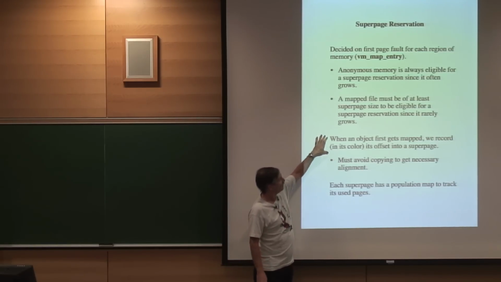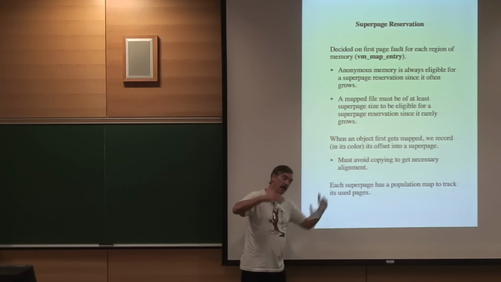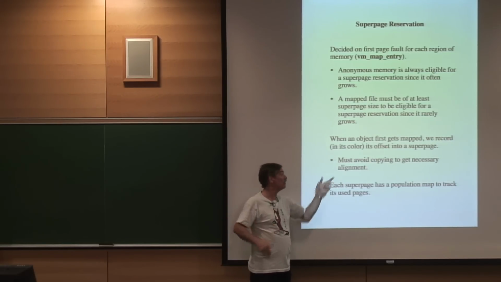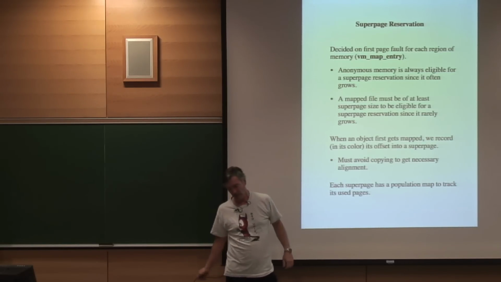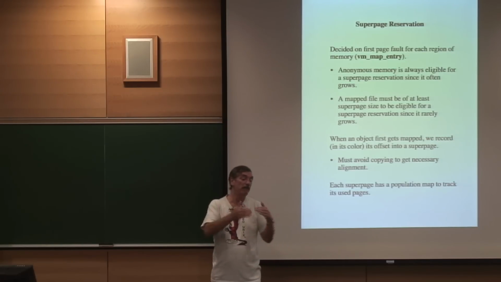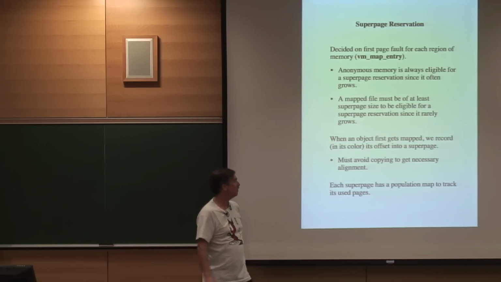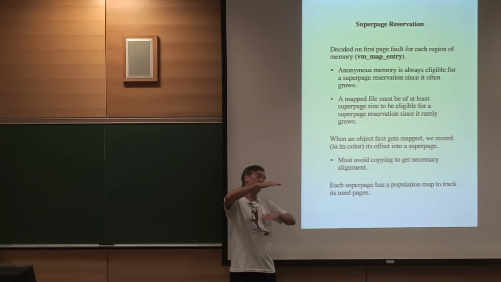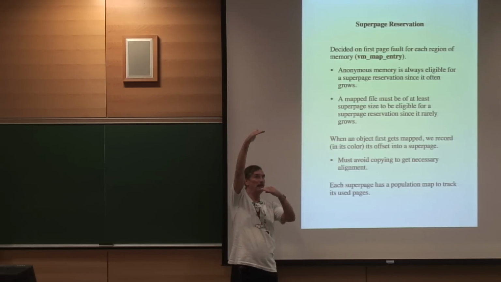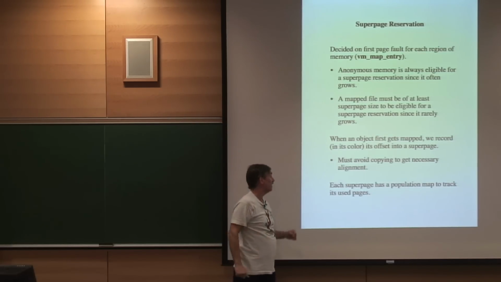And then one of the other things we're going to do is we're going to look and see how that object is aligned in your virtual memory relative to this superpage. So people don't conveniently always map everything right on superpage boundaries. It might be that we're mapping this particular file in, and there's sort of half a superpage worth of stuff, and then there's several potential superpages that follow it.